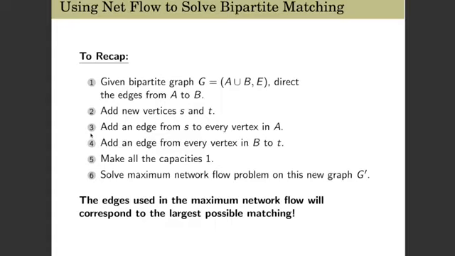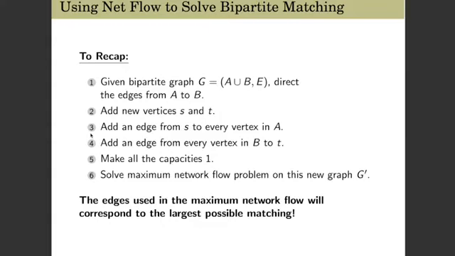So just to recap, what we are given is a bipartite graph G. It's usually represented as A union B, where A is all the vertices on the left, B is all the vertices on the right, and E is the set of directed edges that go from A to B. What we do is we add 2 new vertices, the source S and the sink T. We add a directed edge from S to every vertex in A, and then we add an edge from every vertex in B to the sink T. We then make the capacities or weights of all these edges 1.